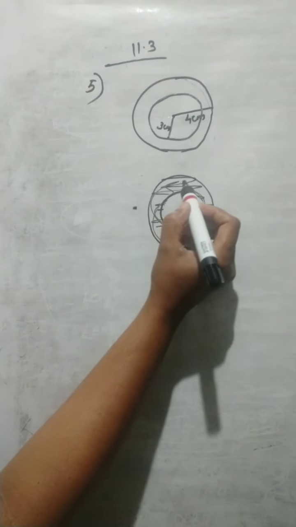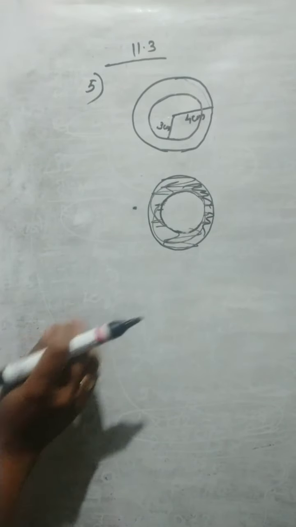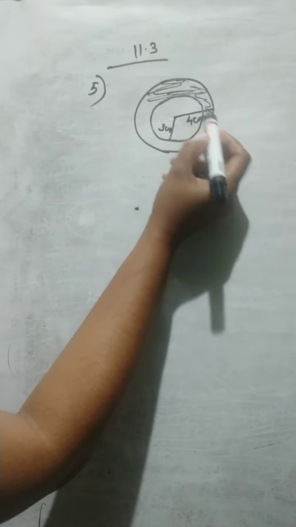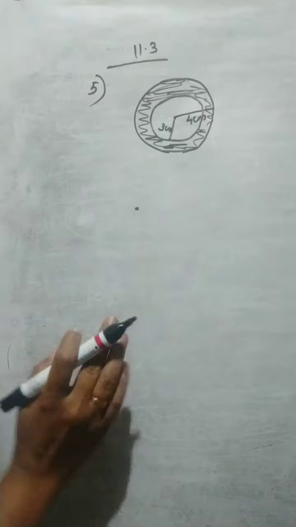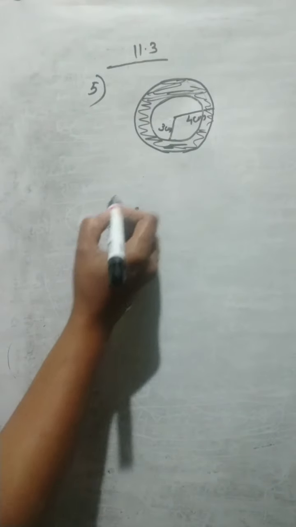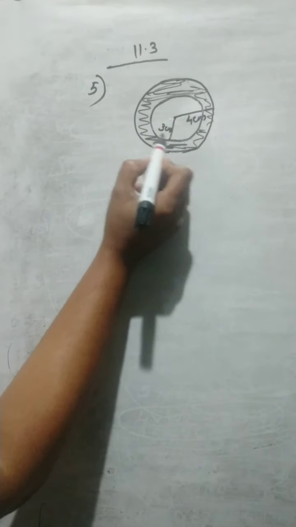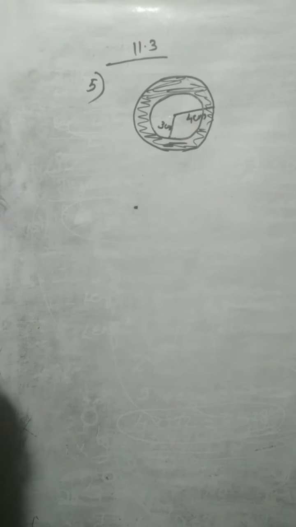Then we have to find the remaining area. Clear? So first we have to find the area of the first circular sheet, the full sheet. Then we have to subtract this 3 centimeter radius circle's area. So now we can write the steps.